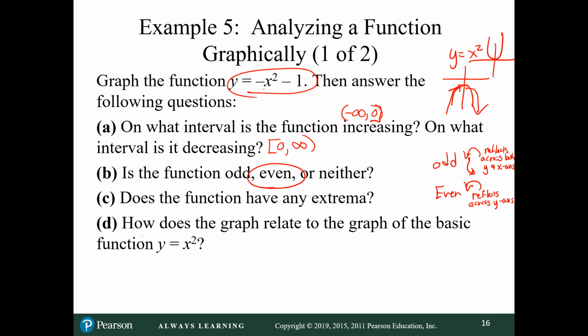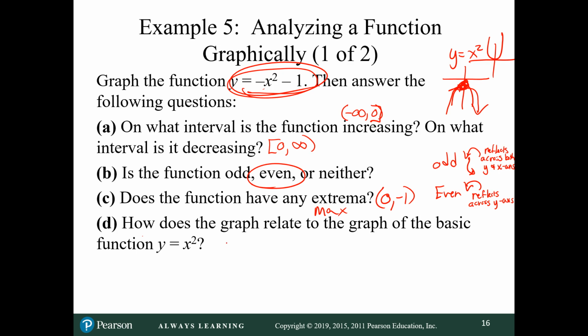Does it have any extrema? Well, this one right here is what we're looking for. Does it have a maximum or a minimum? Well, right here would be the maximum, right? The maximum would be at 0, -1 would be the max. And then how does it relate to the basic function?